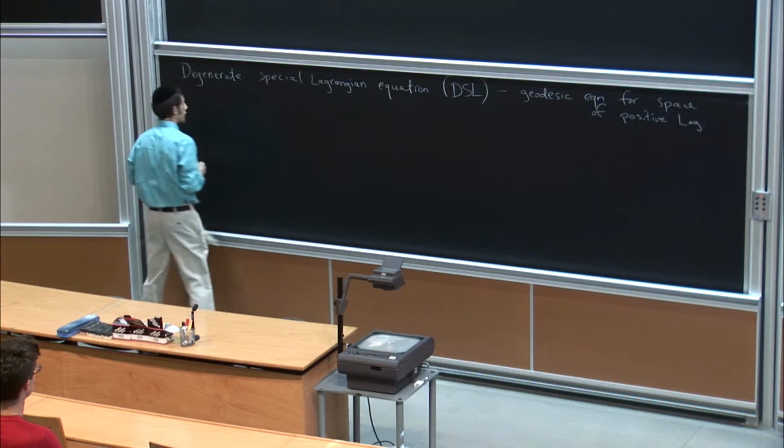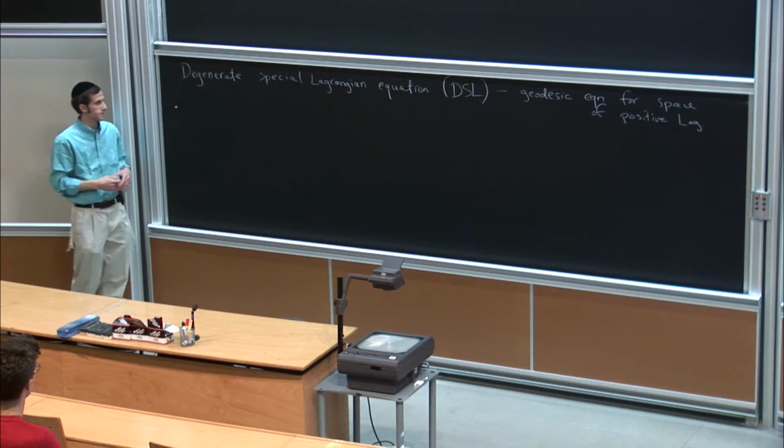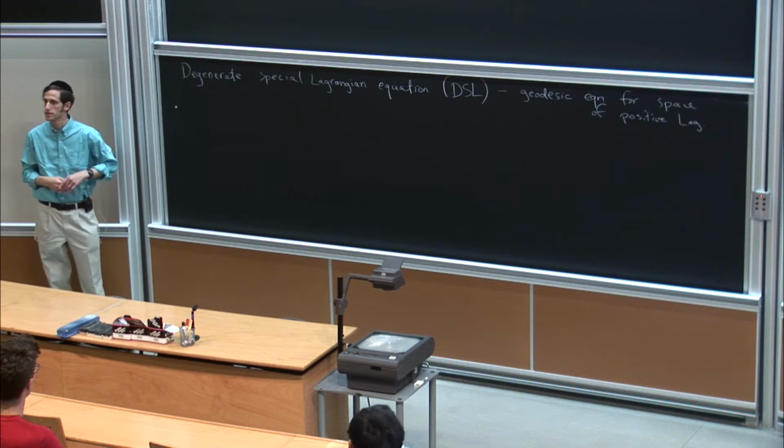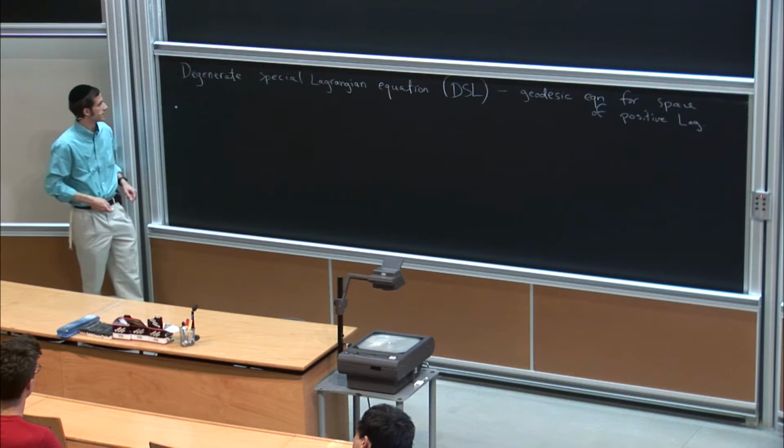Yes, really what I'd like to do is motivate why one would want to study this equation, and then towards the end of the talk, say what little is known.